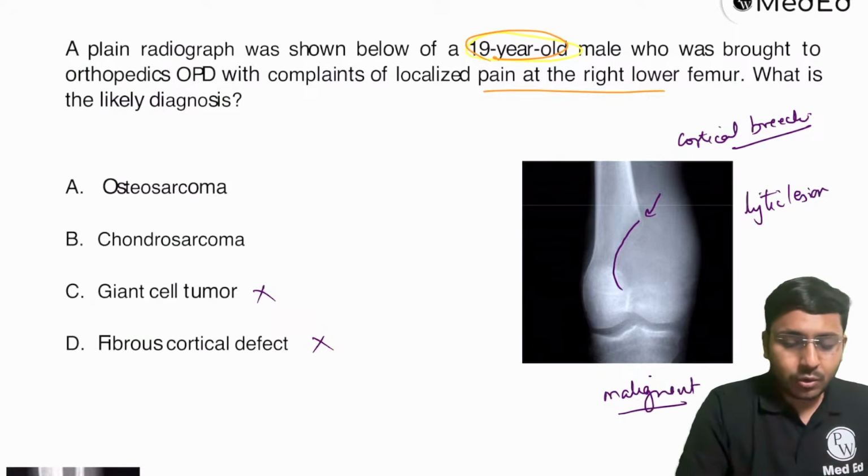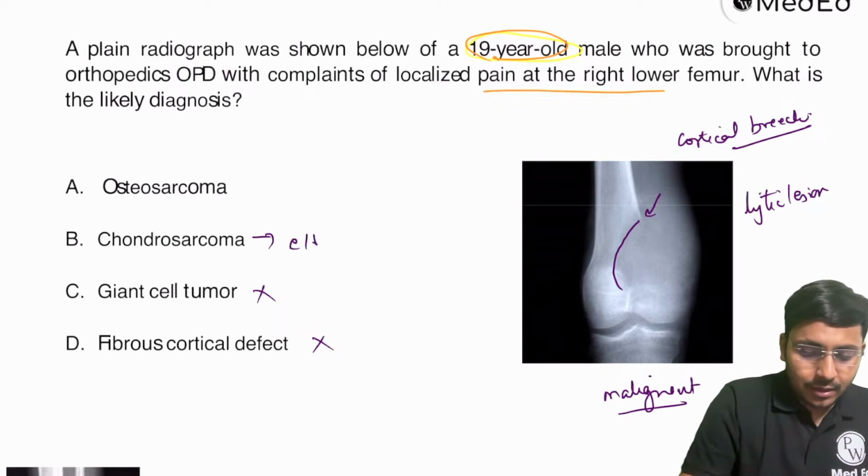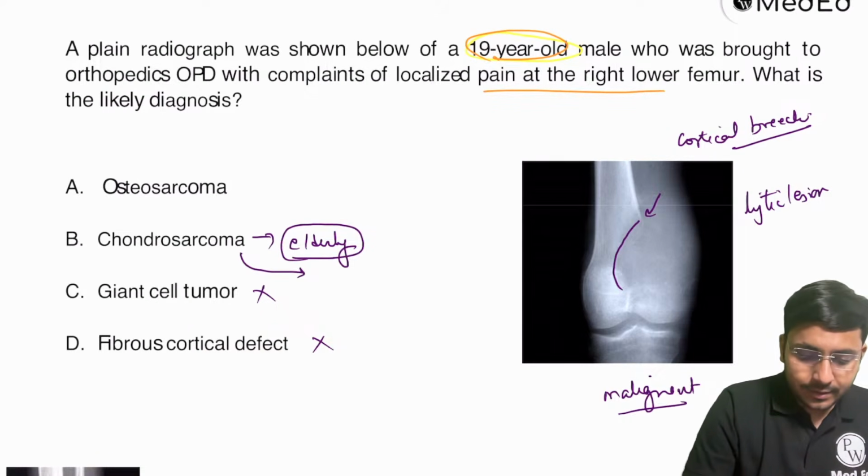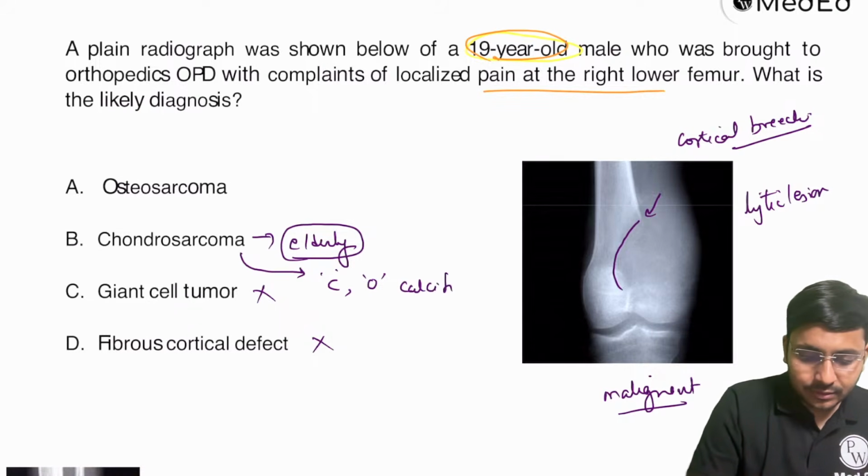Now, chondrosarcoma happens in the elderly. And in chondrosarcoma, what do you get? You get C or O type calcifications, which we call ring and arc calcification.